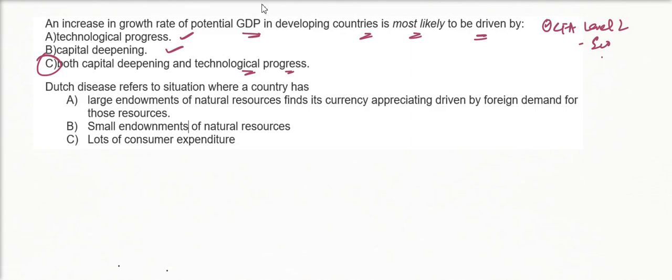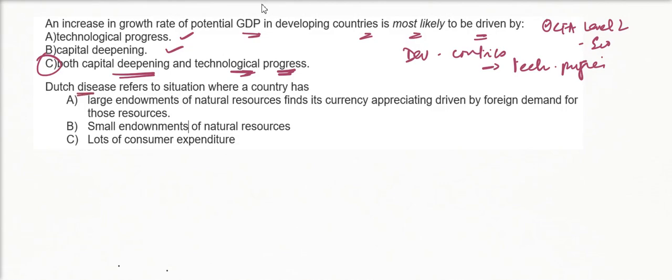So you should be aware that for developed countries, it is only technological progress. But for developing countries, it is both capital deepening because more and more investment in the capital resources and technological progress, both of them.